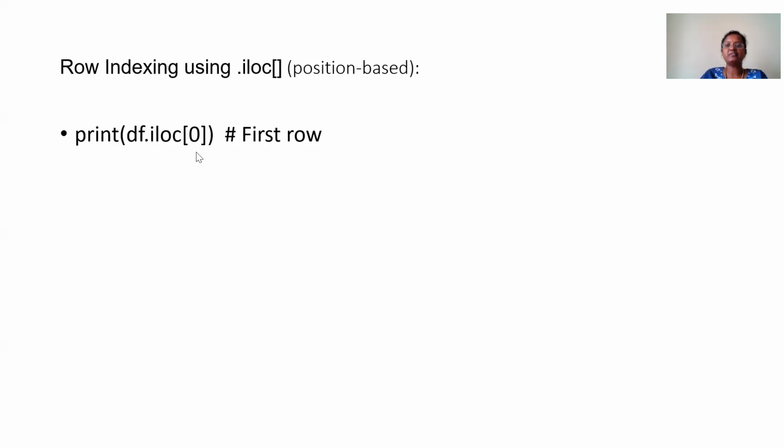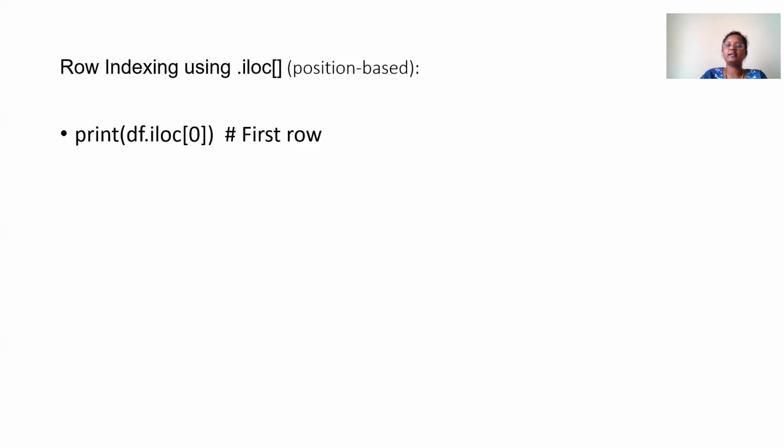If it is 0, it means the first row, because in data analysis the first value starts from the 0th index. Indexing is nothing but pointing at a particular value. In the first location, which point is available? In the second location, which point is available? Always in data analysis or Python, it starts from 0. 0 is called the first location.